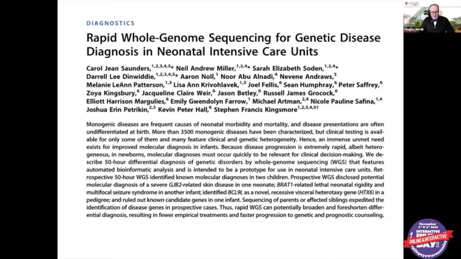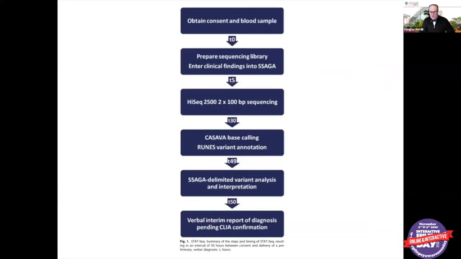This was out of the folks in Kansas City, and this was a proof of principle. They basically did whole genome sequencing for genetic diseases in the newborn nursery. And what they did was they came up with a very kind of logical, sequential approach to these patients. And they obtained the blood sample at time 0, they sequenced, they looked at variants, and then they did analysis of the variants.